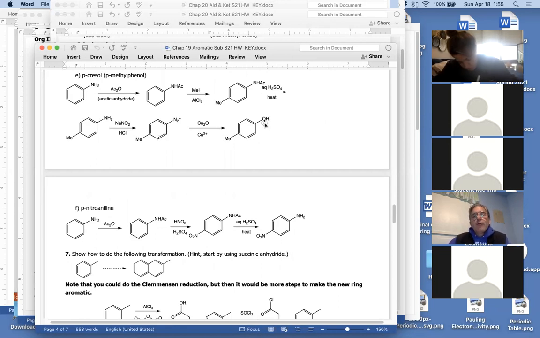You could make the phenol first. First off, let's go back to the very first step, the way I have it. You have to acylate here now or you'll methylate the aniline. Right. Okay, so you could make this into phenol and then you could make an ester out of phenol and methylate that. So that would work.